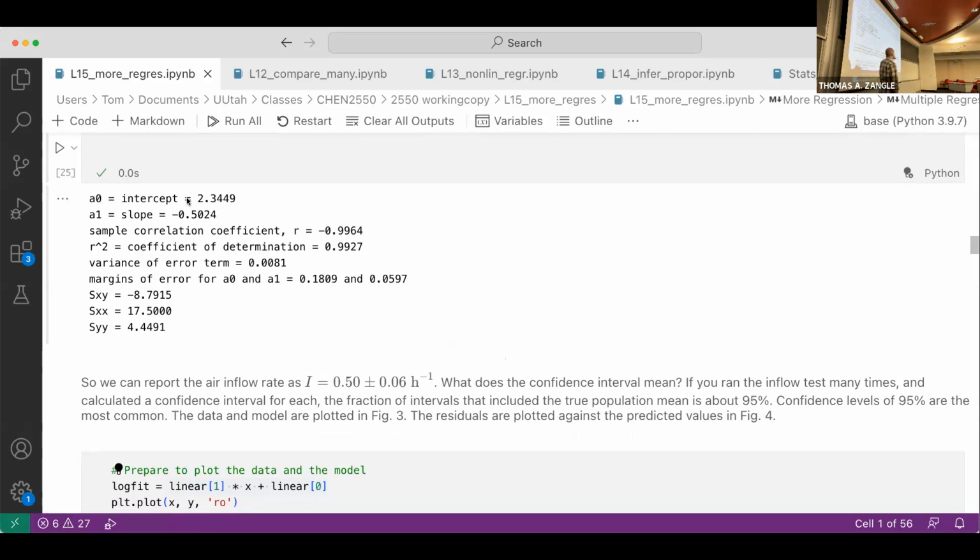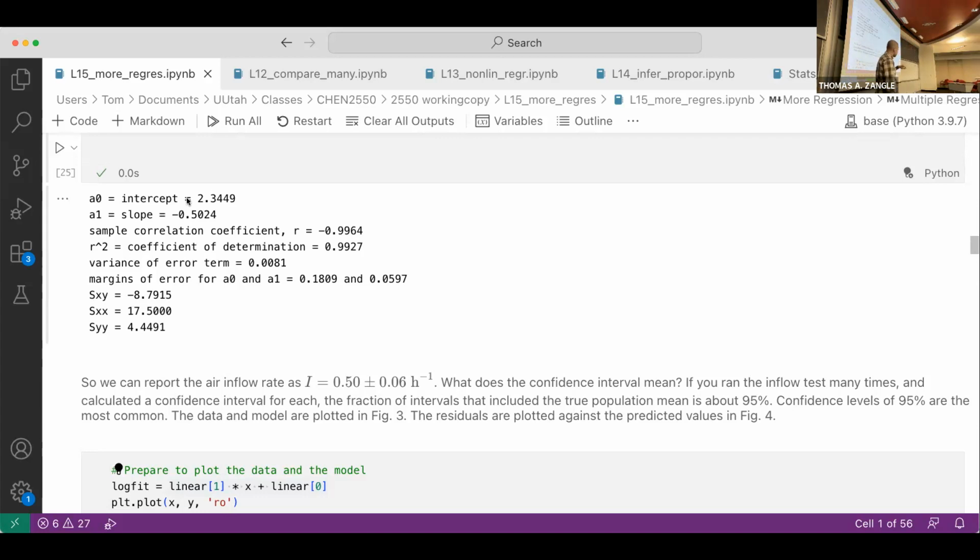This tells us something about goodness of fit. If we remember from lecture 4 or our previous lecture on regression, the R squared value tells us the proportion of the variance in the data that's explained by the model. So 0.99 means that over 99% of the variance in the data is explained by the model. That's a very, very good fit. For real data, that almost never happens. So that tells us we have a really good fit to this model.